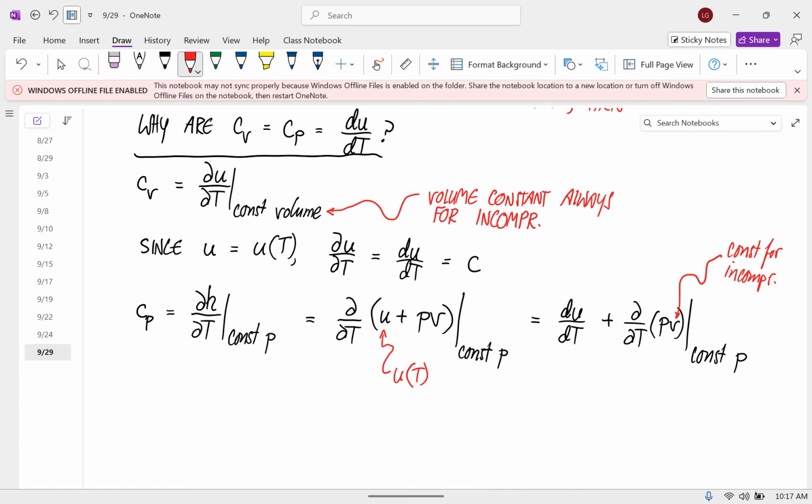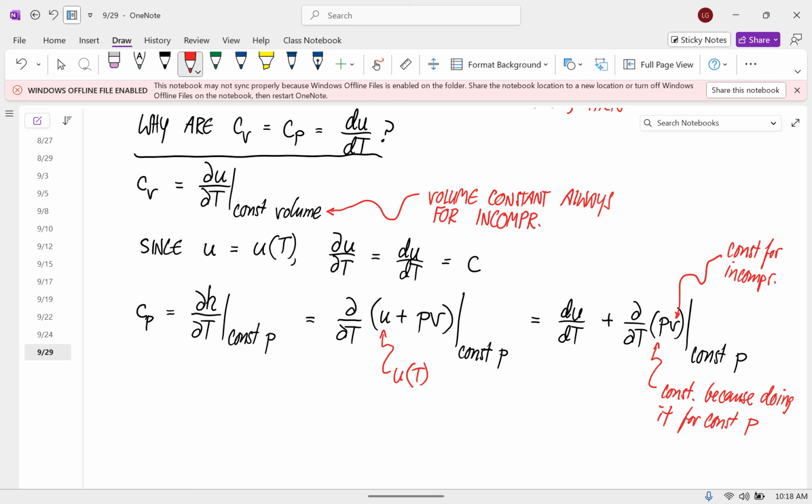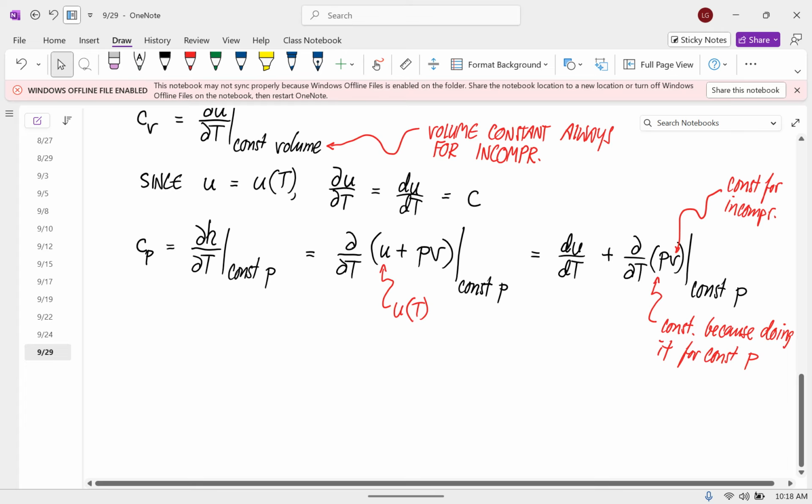P is constant because we're doing this at constant pressure. And so that whole second term goes away.